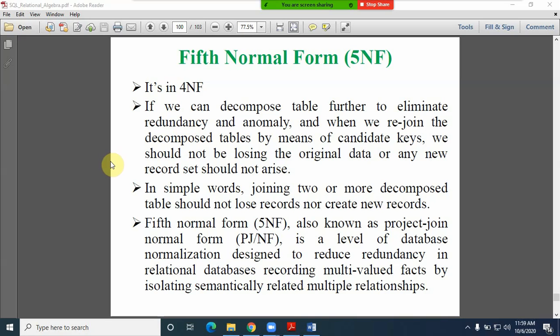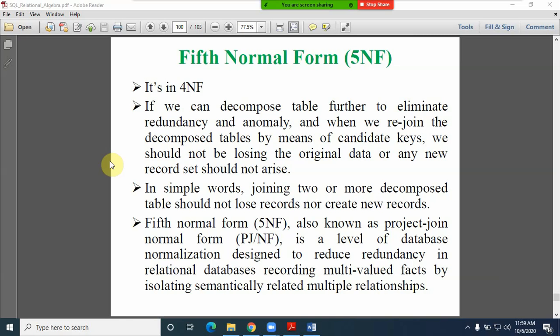What do you mean by projection, friends? Projection specifies that if I want to get some identified columns, and project some of the data, then I can go with the projection. Now, this fifth normal form can be known as project join normal form.